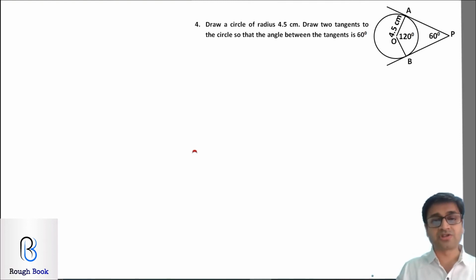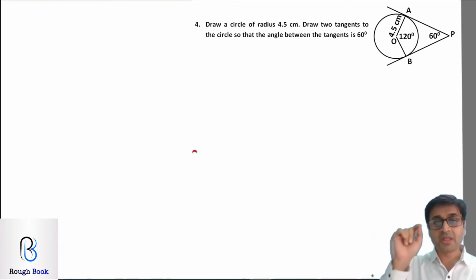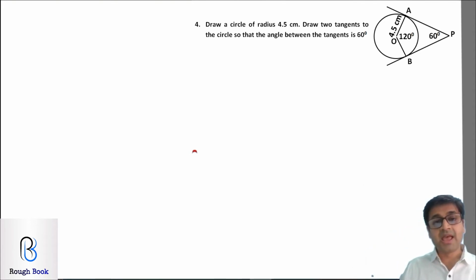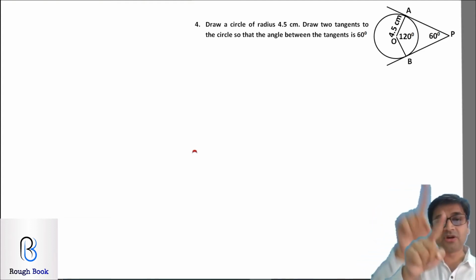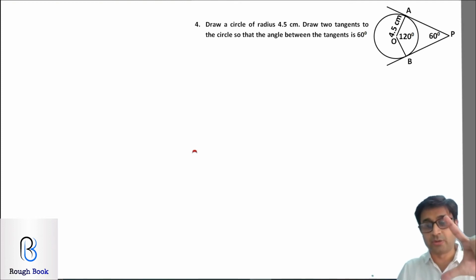How are you going to construct it? You can try and go ahead by pausing this video right now. First, draw a circle of 4.5. Fix your point O. Anywhere draw a line on the circle, or let it go outside the circle, and wherever it intersects the circle, name it as B. Cut an arc of 120 and get your A. So basically you're getting the 2 radii to get your points A and B at an angle of 120 degrees.